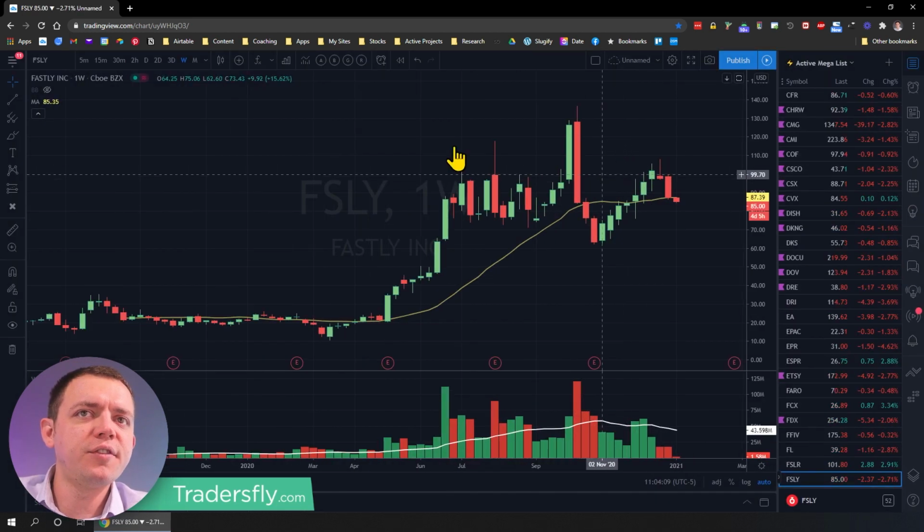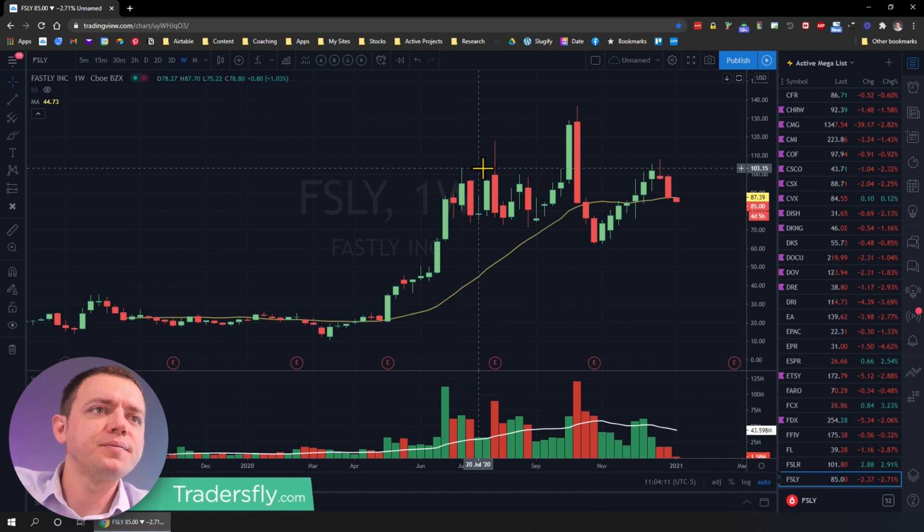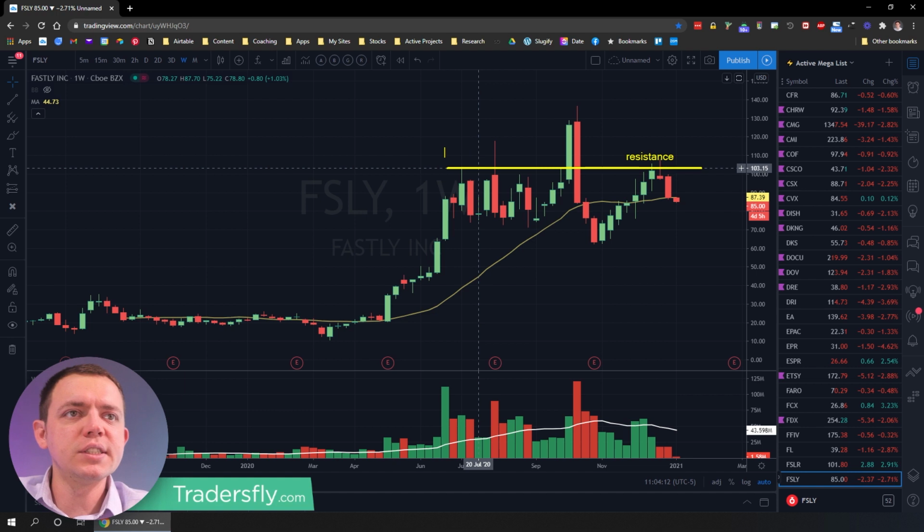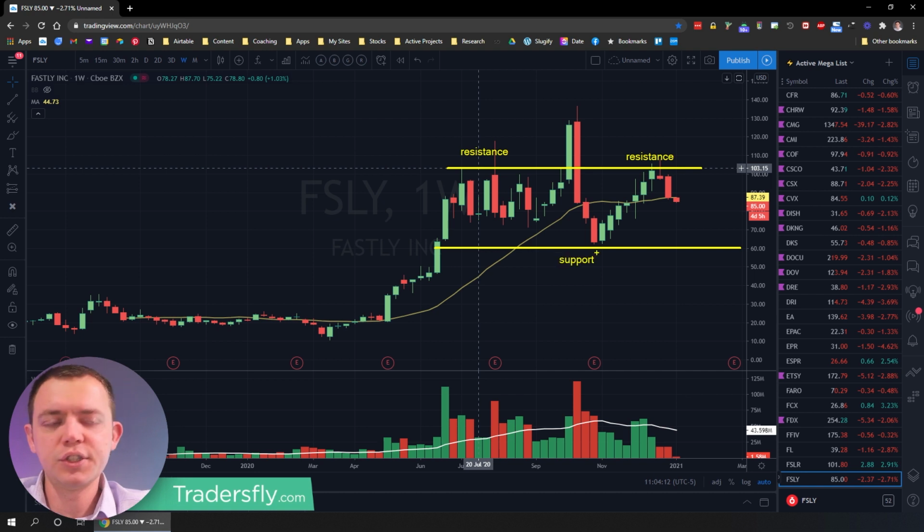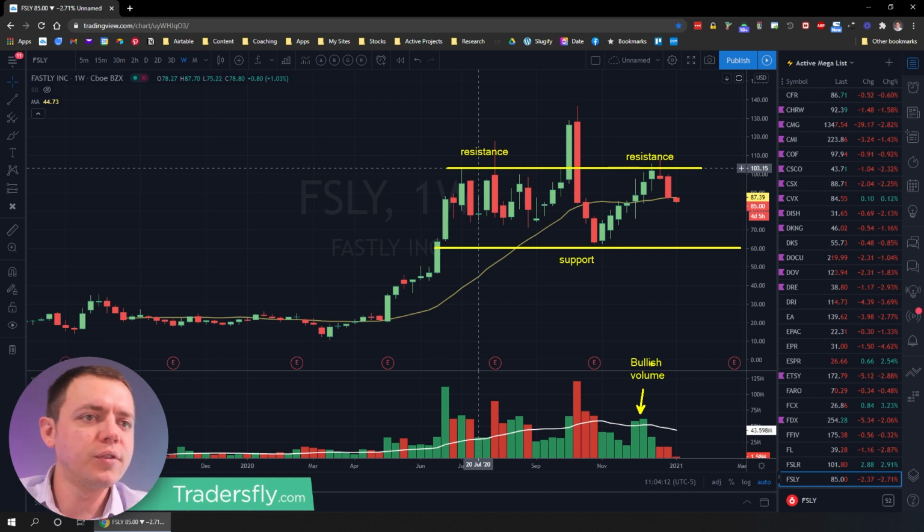FSLY is one that's fairly new to the game here. So if you look at this one, here is our resistance, there's resistance there. You've got some support here at this level. So there's your support level. It's rejecting from the resistance, and here's your bullish volume coming in.